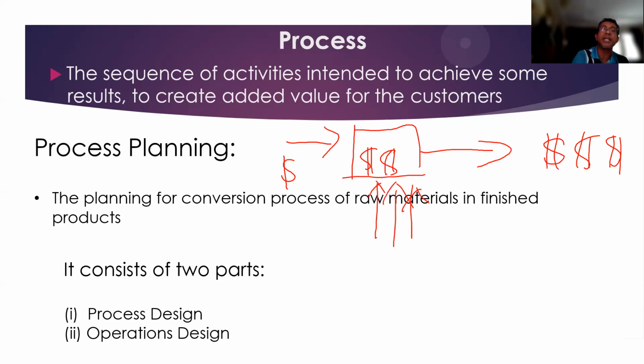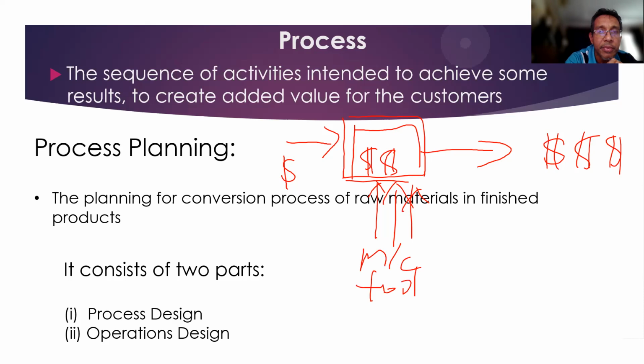Here we have several processes, I think you still remember this one. When we combine the processes together, we make a system, known as a manufacturing system. The sequence of activities involves the machine, tooling, and labor, which add value to the process.